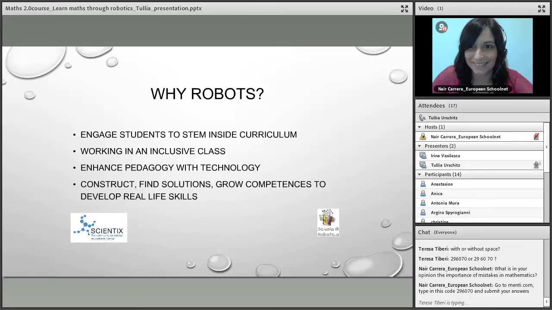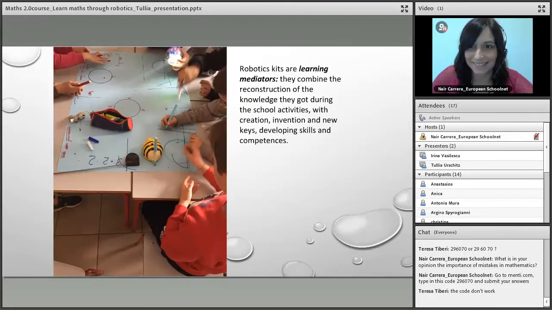It's very nice because they can help working in teams, developing a lot of competencies, finding solutions without feeling the fear or having a bad evaluation, because when you make a mistake with robots, you just have to start from the point that you arrived and try to understand what was causing that mistake. So robots can be really very helpful.